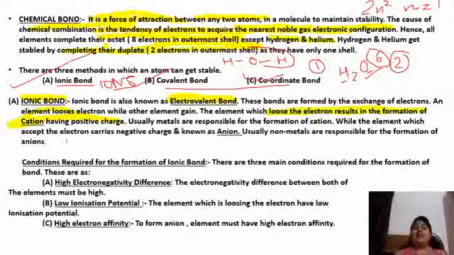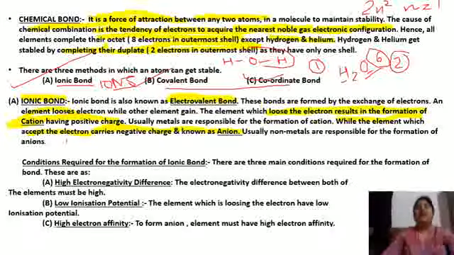What I said, the element which loses the electron results in the formation of cation having positive charge. While if any element is accepting the electron, then it results in the formation of anion which has negative charge.